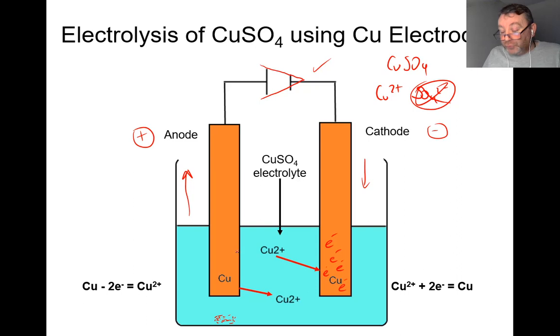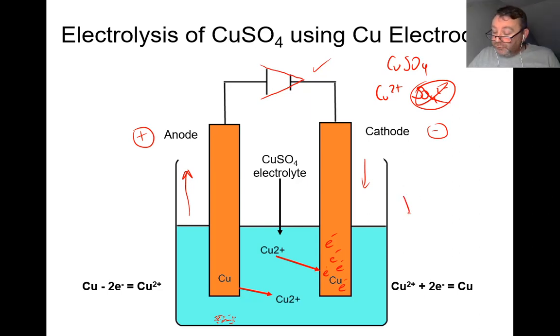So what in essence you're doing is you're transferring copper from this anode through the electrolyte over to the cathode, where it becomes copper metal again. So copper loses 2 electrons, that's its valency, and then becomes copper ions, which goes into solution, travels to the cathode, picks up 2 electrons and becomes copper metal.